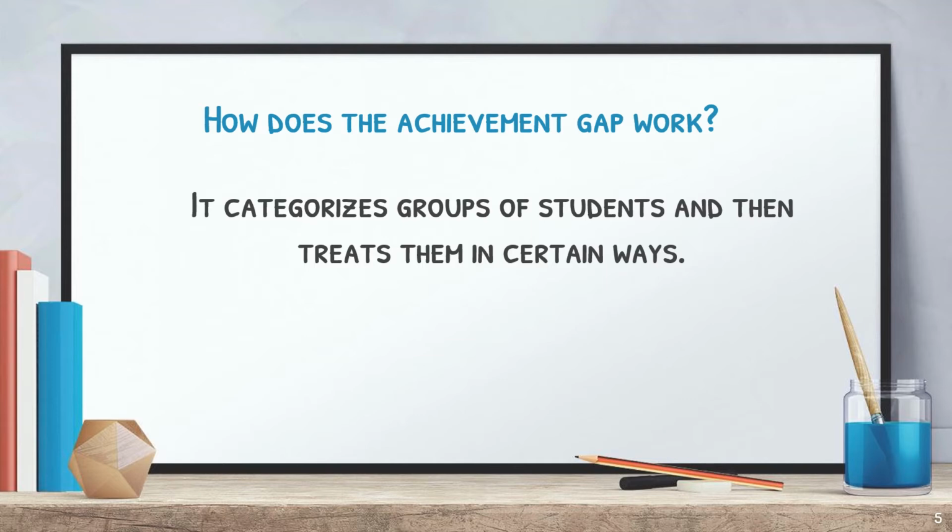The achievement gap is a complex phenomenon and difficult to describe in terms of direct cause and effect. We know that being categorized in a certain way can have real lived experiences for individuals.